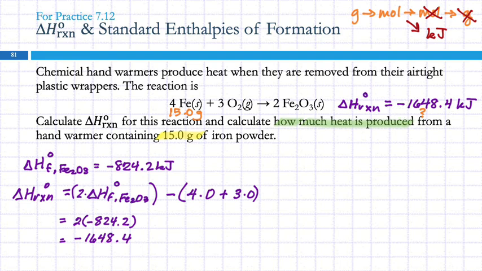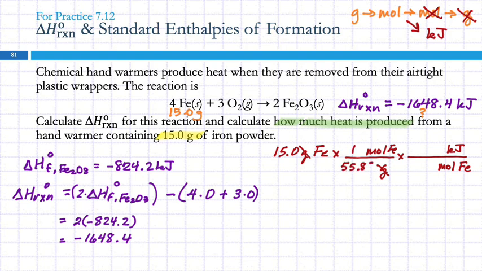So then we've got 15 grams of iron, and we'll have to convert that to moles. So the grams will cancel out. And then we're going to go to kilojoules divided by moles of iron. So that first conversion factor is the molar mass of iron. And this last one is our delta H for the reaction.